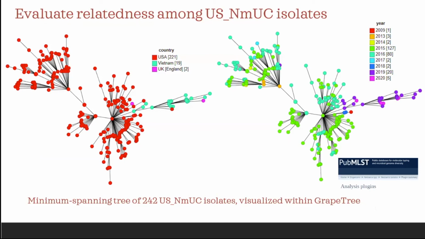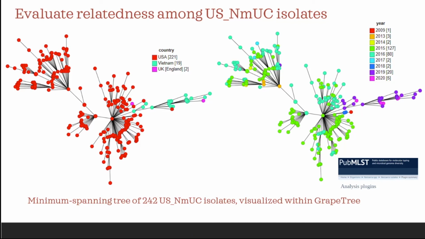And then lastly, looking at relatedness among these meningococcal isolates, looking at the analysis plugins available through PubMLST, allows an association and again, minimum spanning tree, looking at some 242 of the clade isolates, and the emergence in recent years in other regions in the UK and Vietnam of isolates that are clade isolates, but are beginning to diverge from the original grouping.